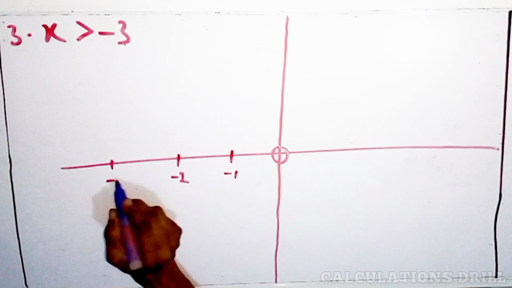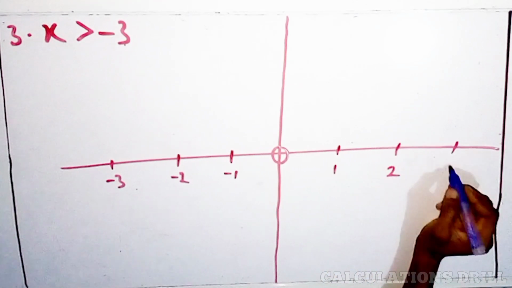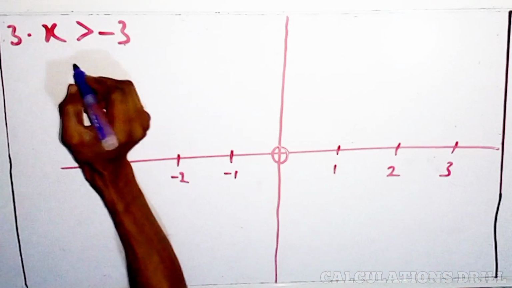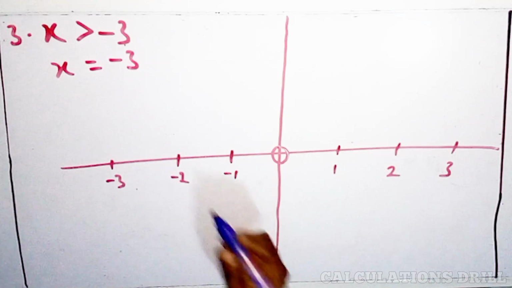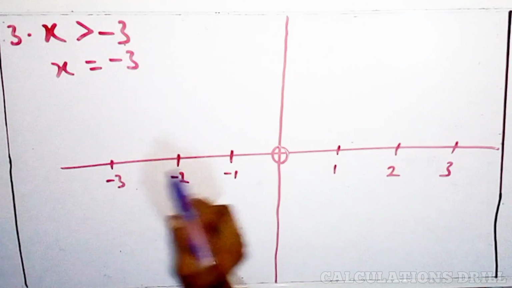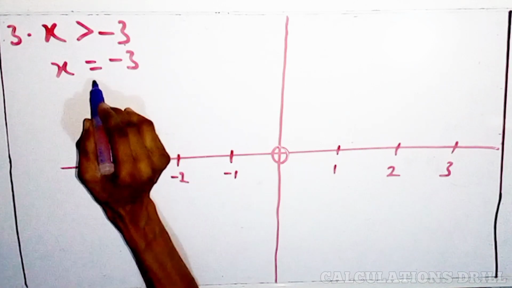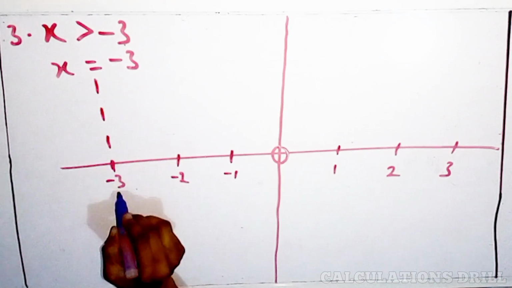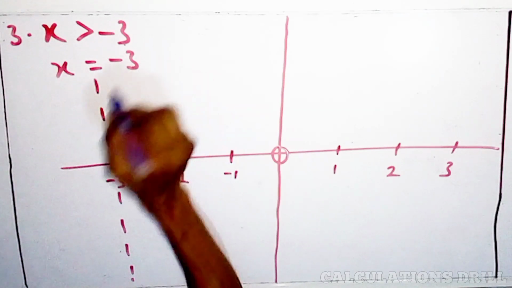So let's label or number the x-axis. We have the positive and the negative x-axis. So x = -3. Remember this, we're going to use a broken line. And it's -3, that's what you can see.